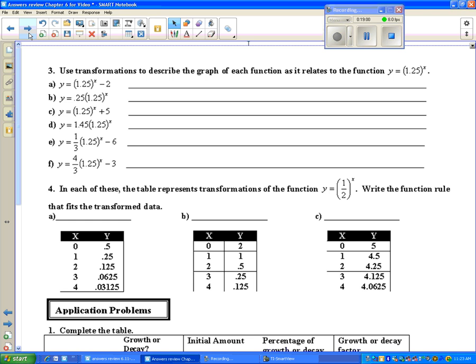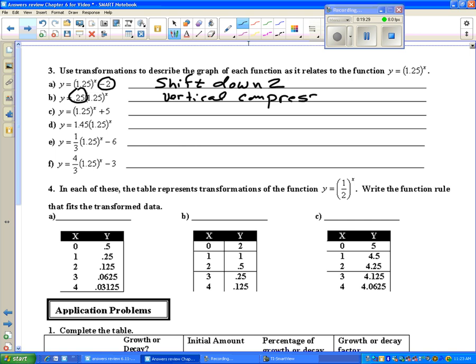Use transformation to describe the graph of each function as it relates to the function y equals 1.25 to the x. Okay. Remember, if I'm subtracting outside, this is a translation or a shift down 2 because it does exactly what it says. 0.25 multiplied in front tells me that I'm going to have a vertical compression since it's between 0 and 1.